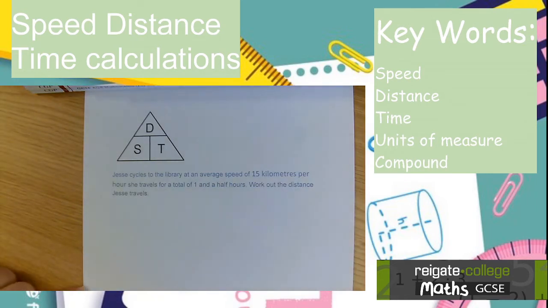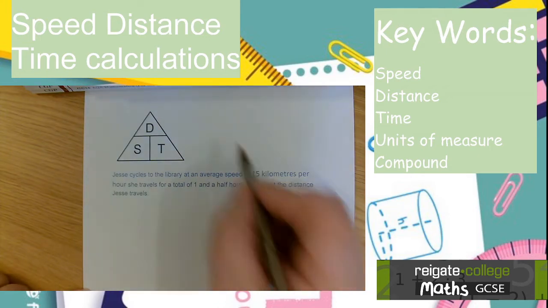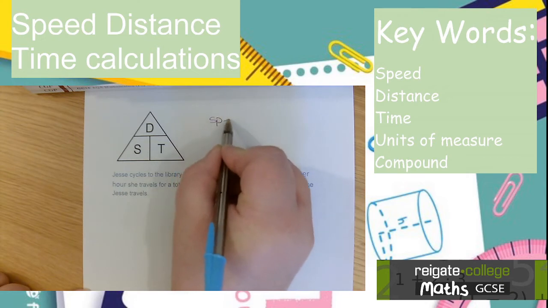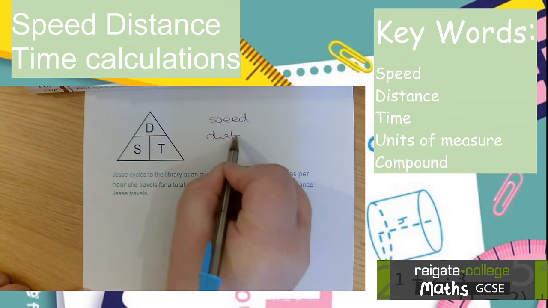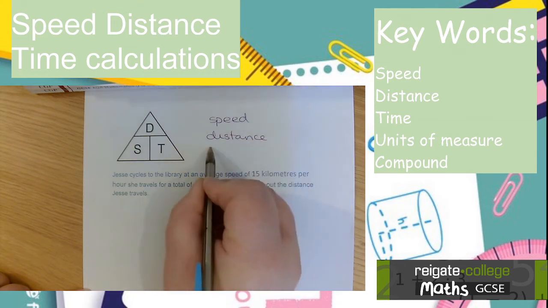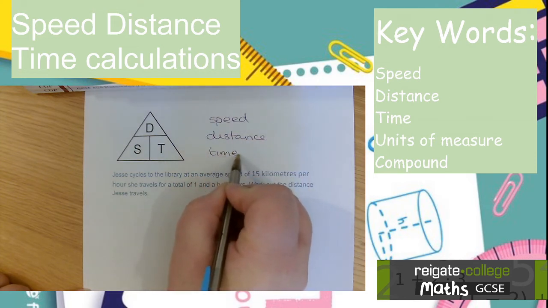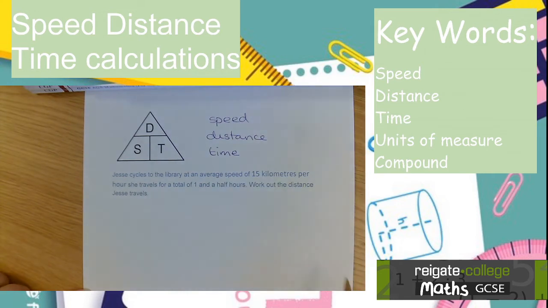Our question here says, Jessie cycles to the library at an average speed of 15 kilometres per hour. She travels for a total of 1.5 hours, and we need to work out the distance Jessie travels. So again, writing out that our journey is going to have a speed, a distance and a time, we can fill in the information that we've been given.